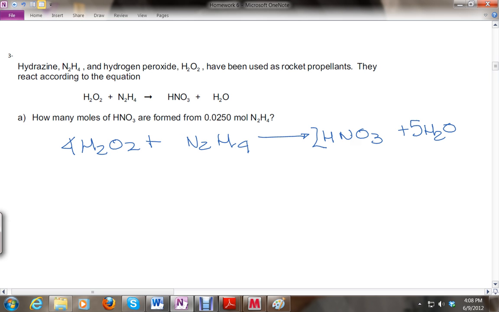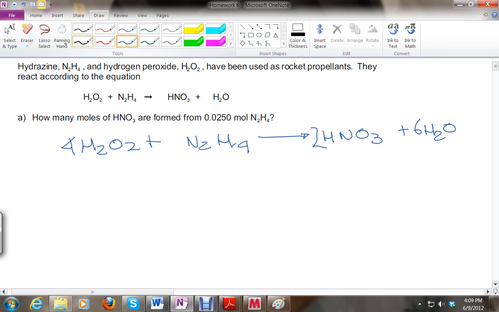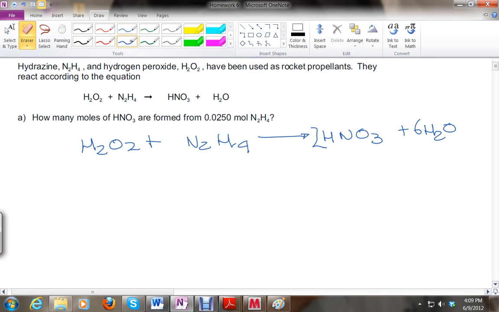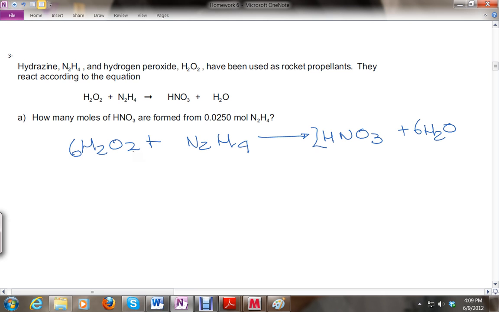So 2, 2. Let's try 6 to see what happens. The next one here in water, that's going to be 6 plus 6, 12, 8. So what if we put a 6 here for the oxygen? 12, 12.